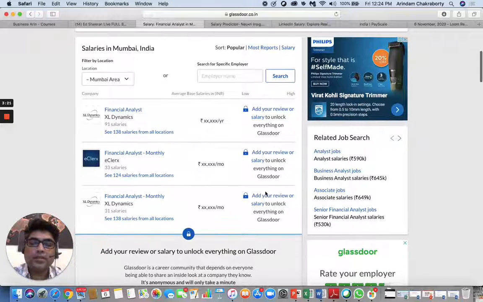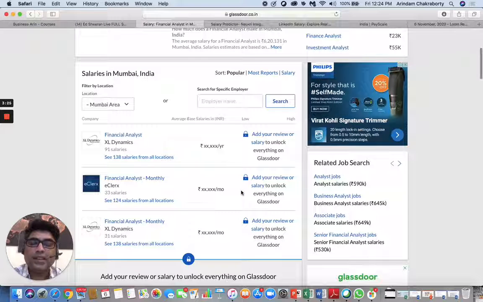You can add your review or salary to unlock everything. One thing about this set of companies placing the salary indicator is that they ask for your salary as well, because that's how they collect the salaries, pull them, take an average, and place it across, right?